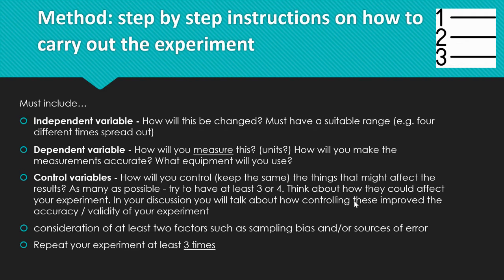Sampling bias refers to the fact that, are you going to take a random sample? How do you know that the sampling that you do is representative of the population that you are trying to investigate?